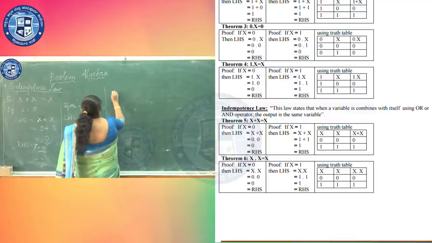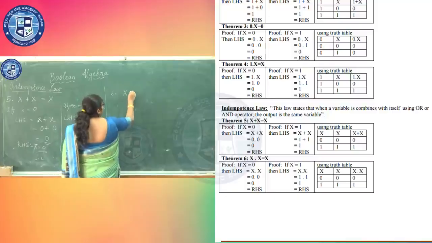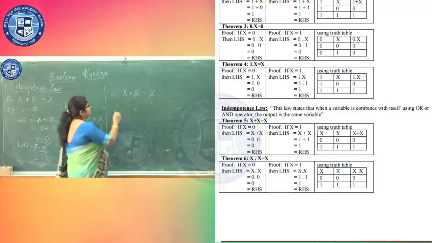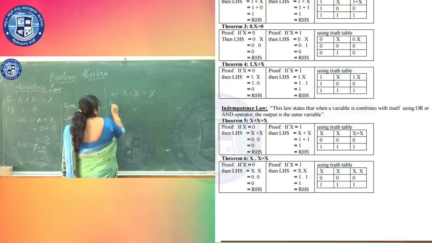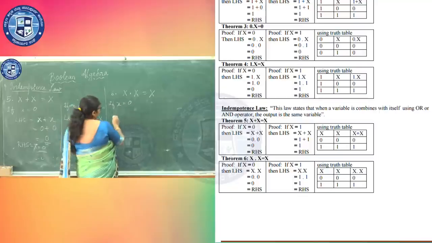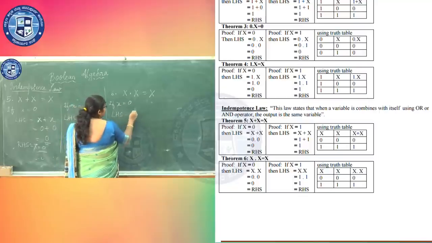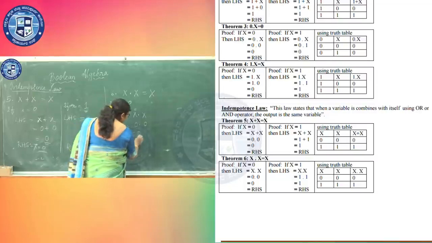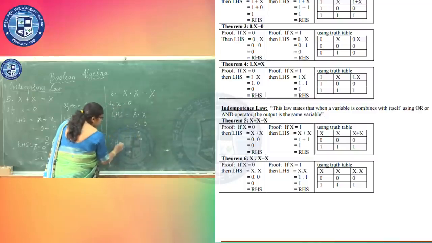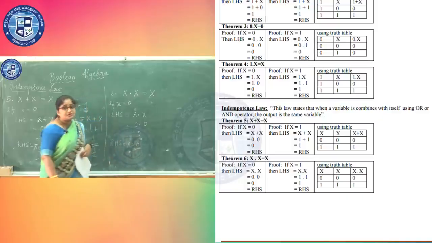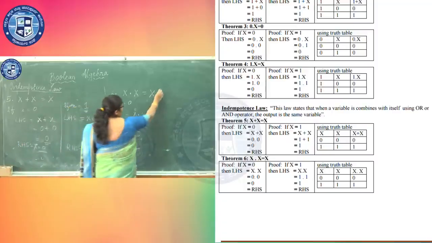Next we have the sixth one, that is x and x is equal to x. The same way we are substituting the value x to be 0. LHS x and x, 0 and 0. 0 and 0 is nothing but 0, wherein we have the RHS to be x, the value is 0 because we have substituted the value of x to be 0.